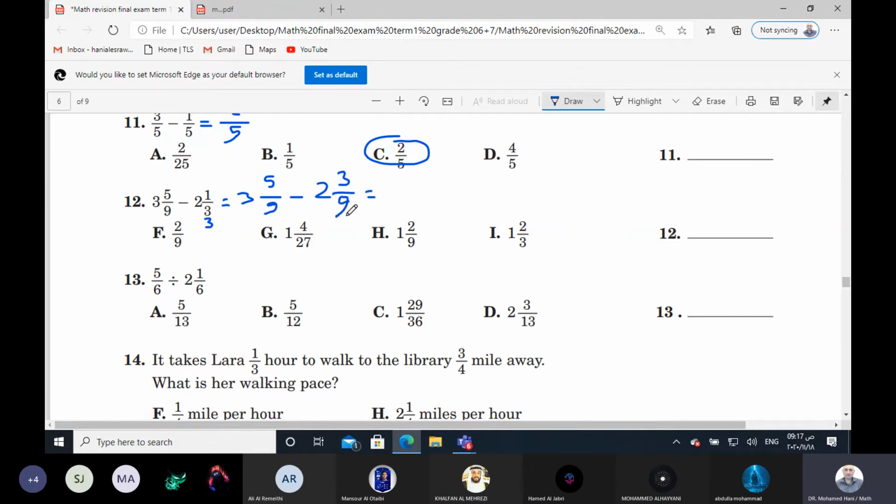Now we have the same denominator, as you see here. We can subtract now. Take the whole number minus the whole number. 3 minus 2 will be 1. So 5 minus 3 will be 2. And here we have 9, here we have 9, so we put here 9. So the answer will be 1 and 2 over 9. Okay?